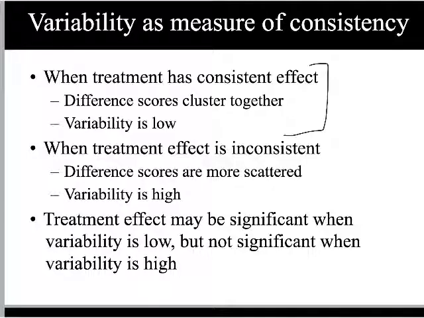Variability is going to be high. So a treatment effect can be significant when the variability is low, but not significant when the variability is high. Even when the mean differences are the same, if variability is different or larger, for example, then we may not have a statistically significant effect.